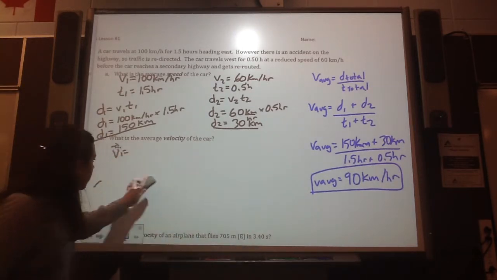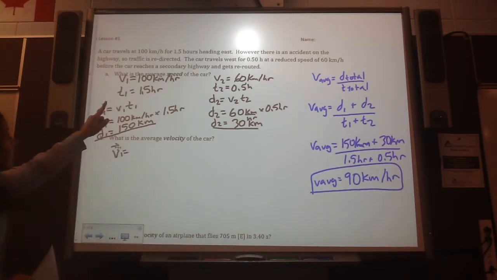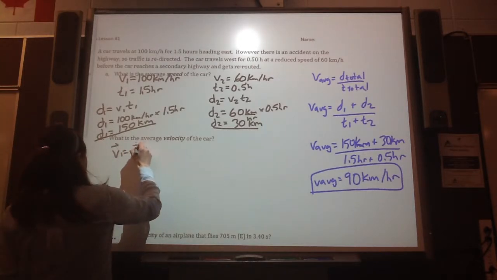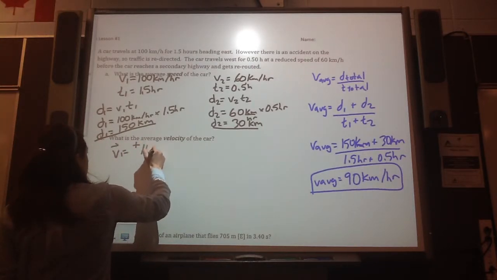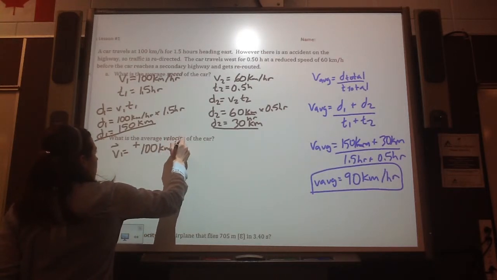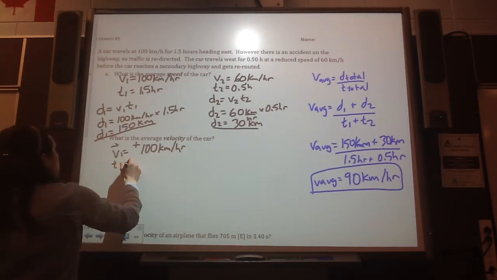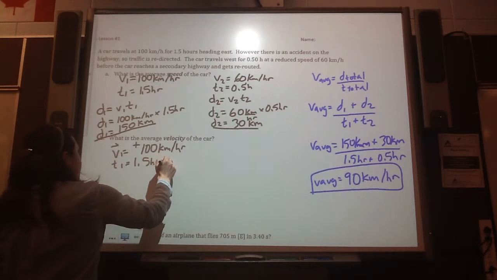So what is my direction of V1? It's going east. So what do we call that, negative or positive? Positive. So I need to label V1 as positive 100 kilometers an hour. T1 stays as 1.5 hours.